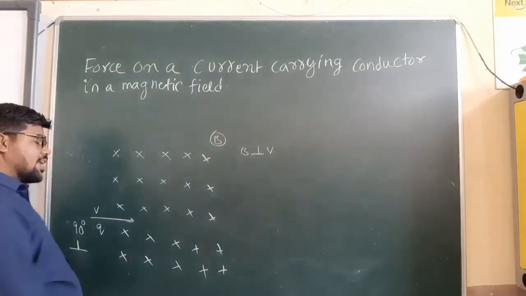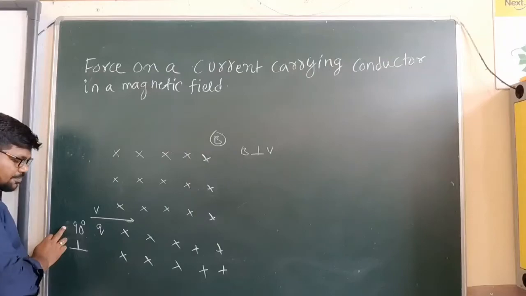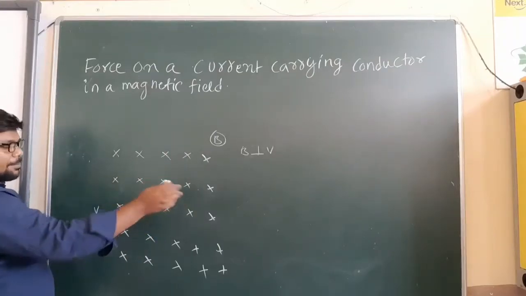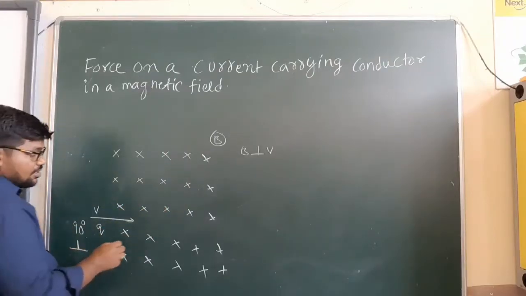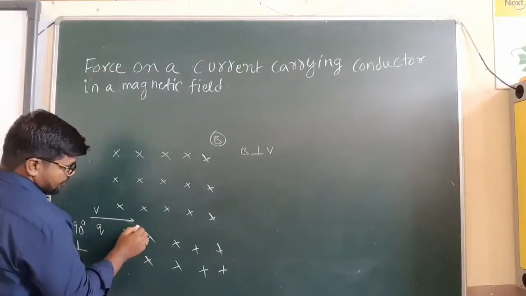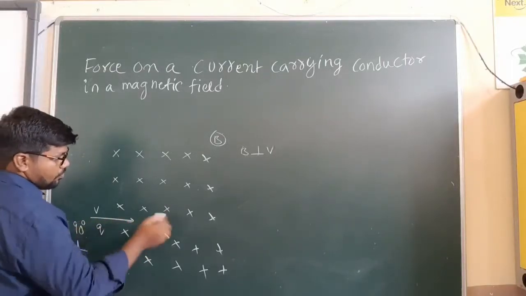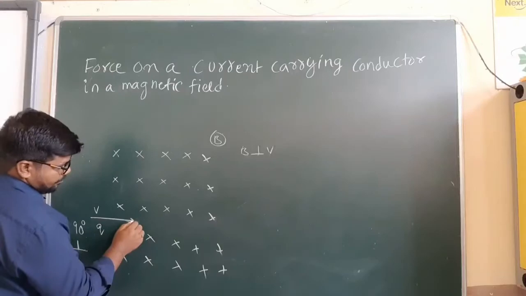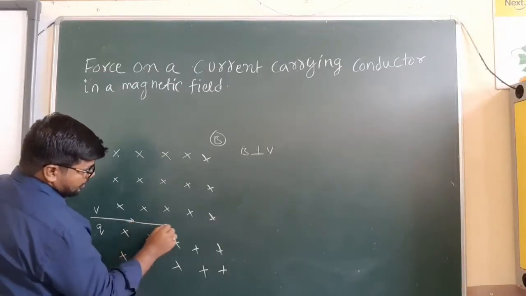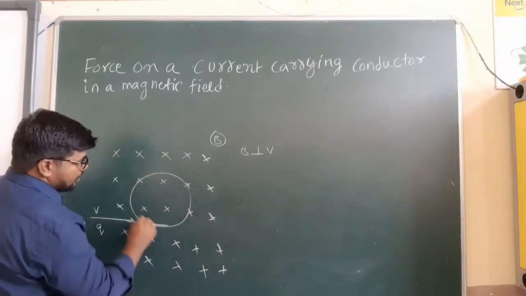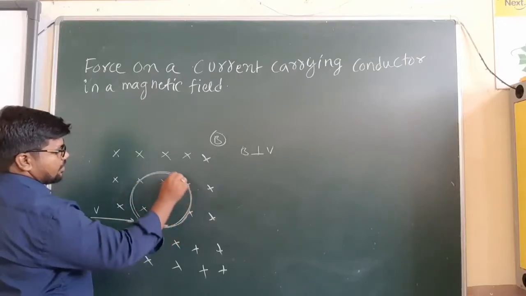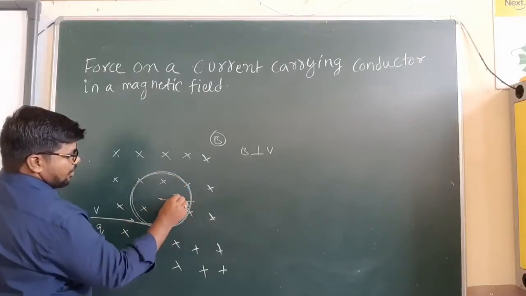what happens? When a charged particle enters the magnetic field perpendicularly, it will not flow continuously in a straight line path. The charged particle continuously rotates in a circular path with radius r.